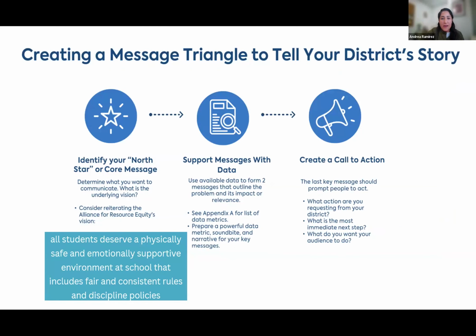So creating your messaging triangle, again, you want to identify what your core message is. And like I mentioned, we're going to focus specifically on question 6.1: all students deserve a physically safe and emotionally supportive environment at school that includes fair and consistent rules and discipline policies. So that's going to be our core message.